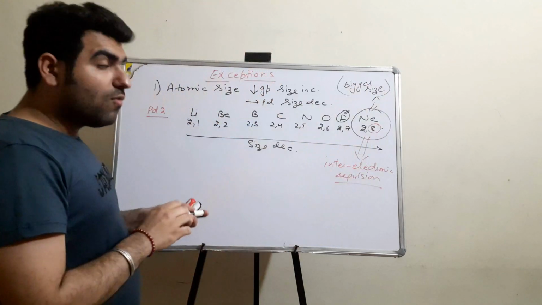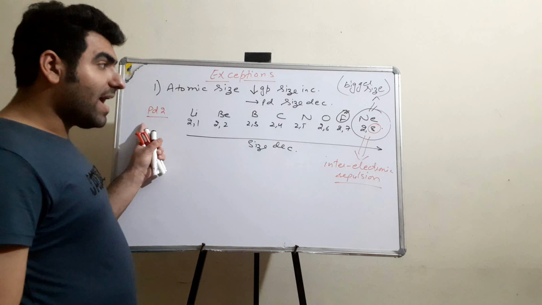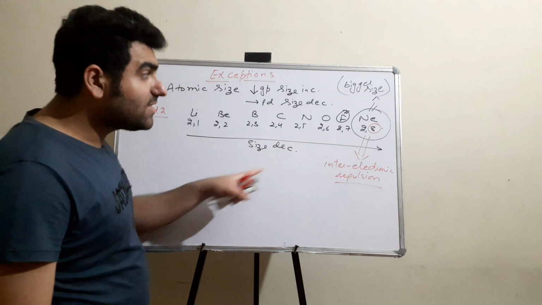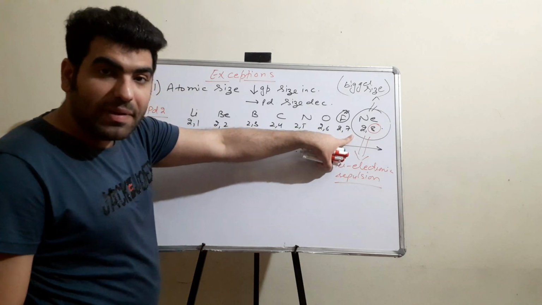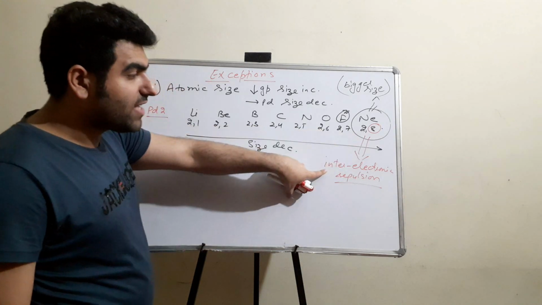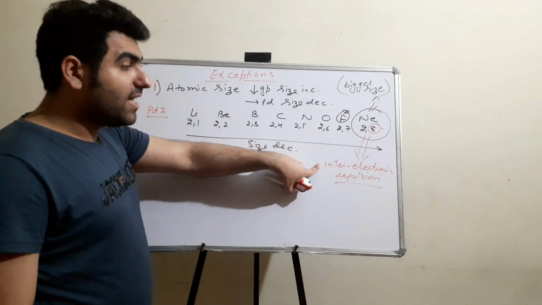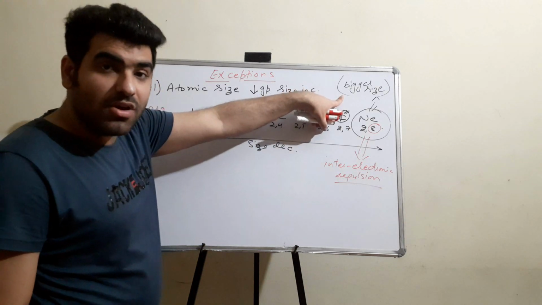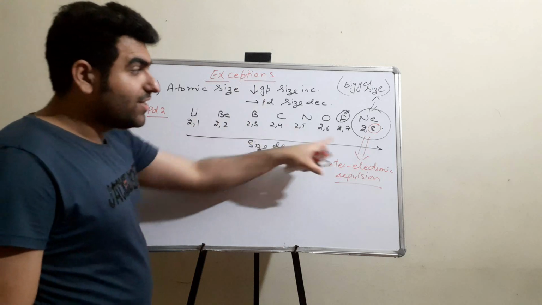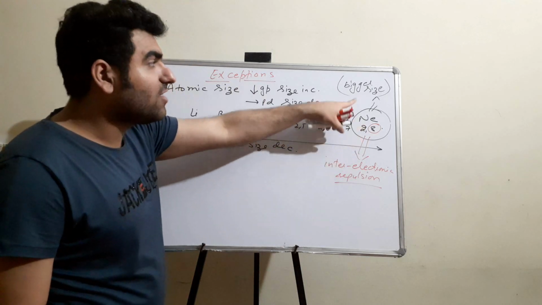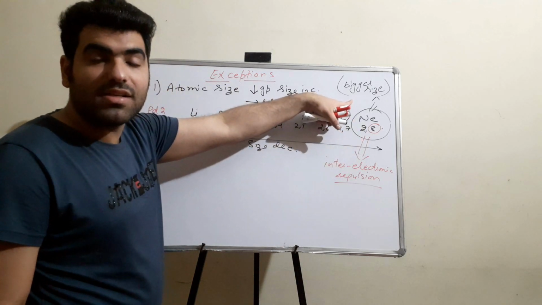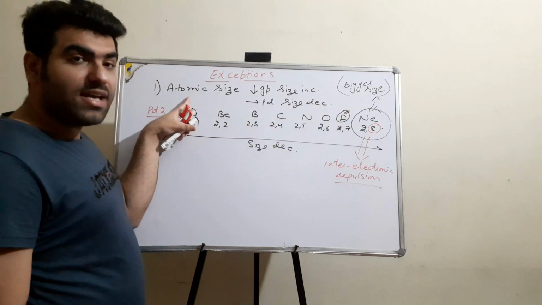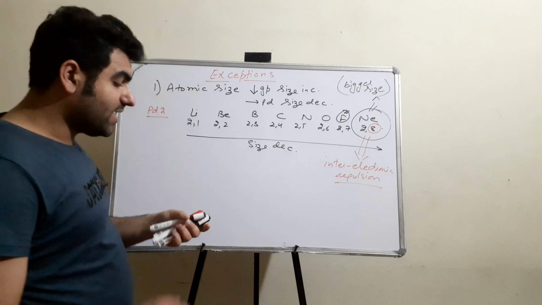What is the exception over here? Along the period the size should decrease, but the exception is these noble gases or inert gases having fully filled shells. There the interelectronic repulsion arises, by which the size increases. The trend says neon should have the minimum size, but actually it is somewhat bigger. So this was the first exception, the atomic size.